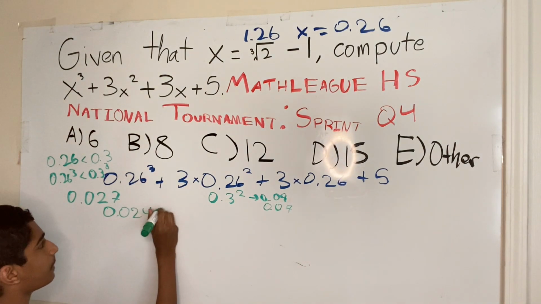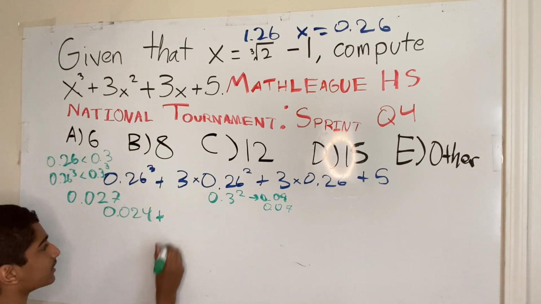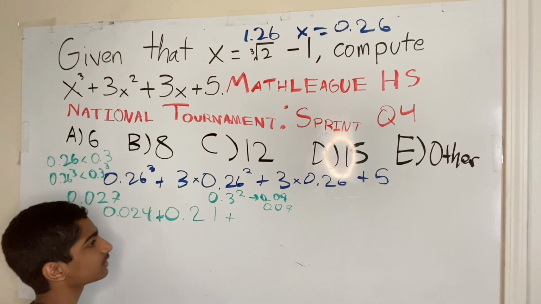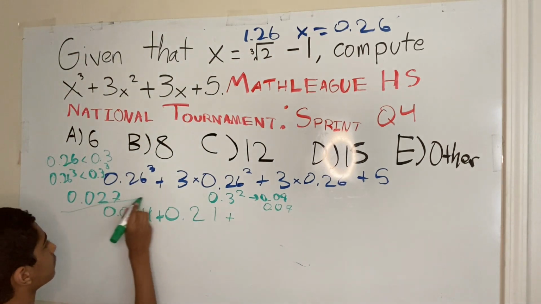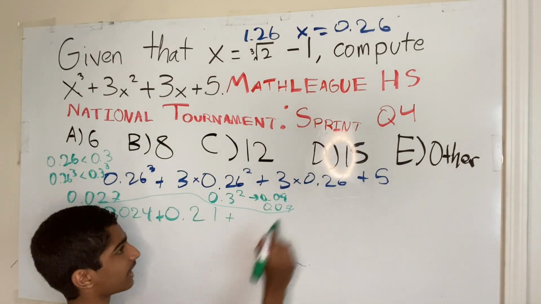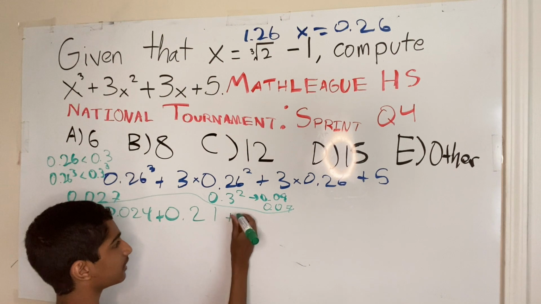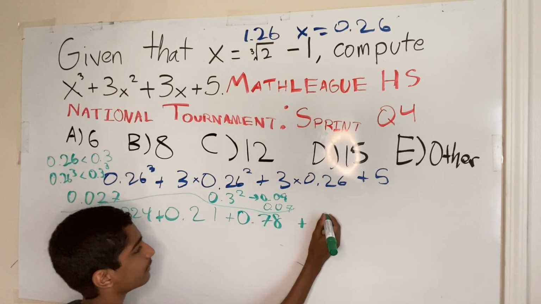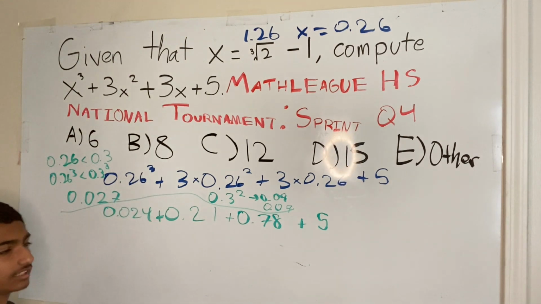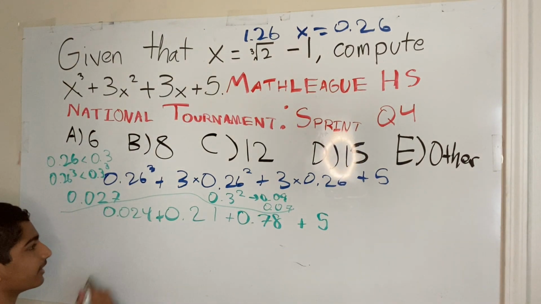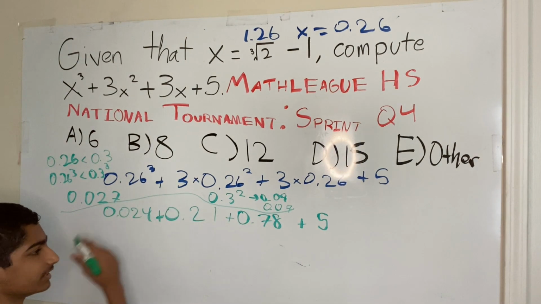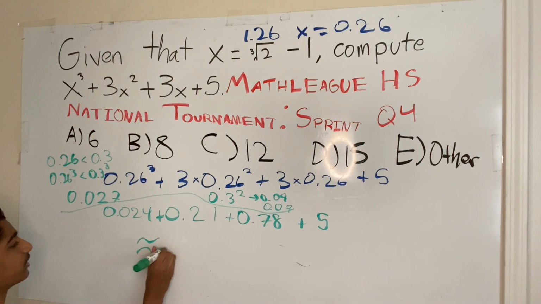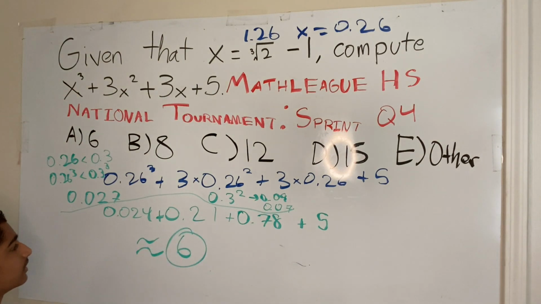So then 3 times 0.07 is just 0.21 plus, now we have 3 times 0.26, which is just 0.78 plus 5. And as you can see here, this term is very insignificant in adding everything else.